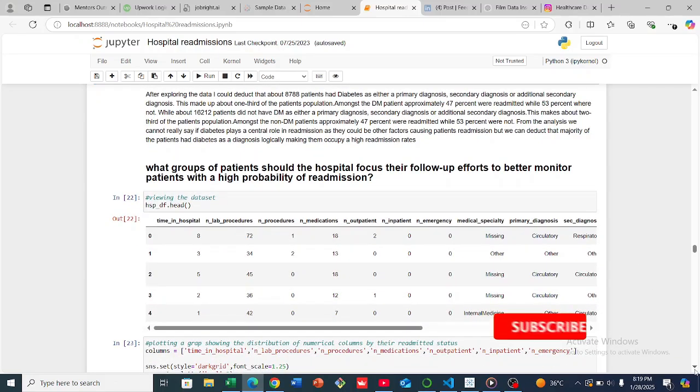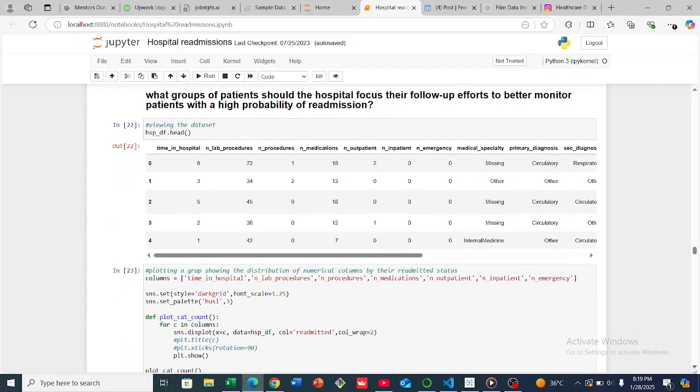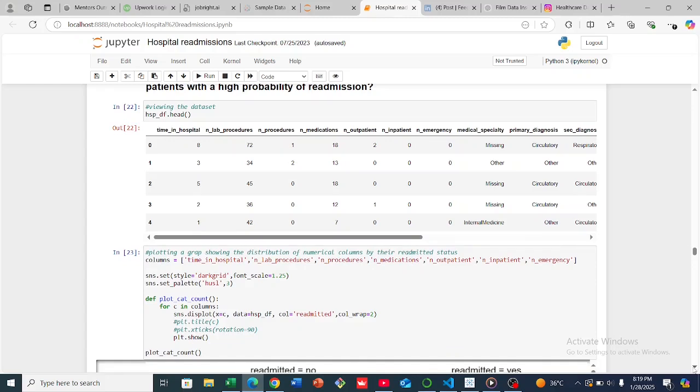The next question for us to answer was, what group of patients should the hospital focus their follow-up efforts on to better monitor patients with a high probability of readmission? So I used the dot head to view my data set once more. When I was done with that, I decided to plot a graph that shows the distribution of numerical columns by their readmitted status.